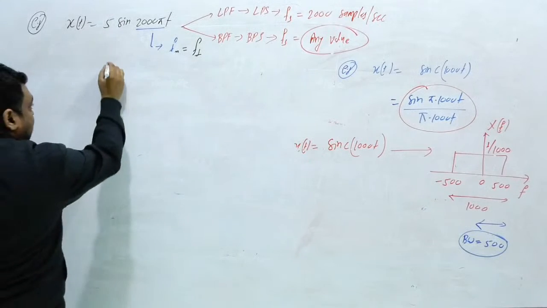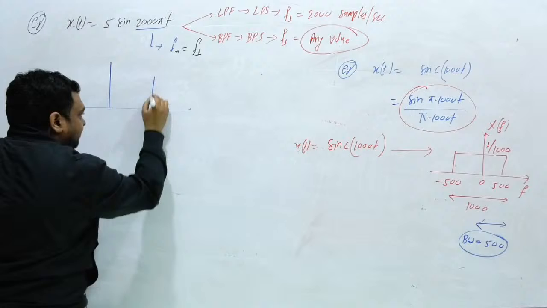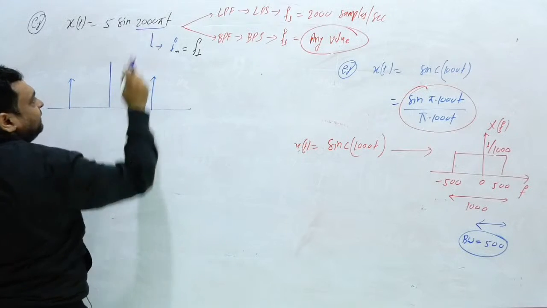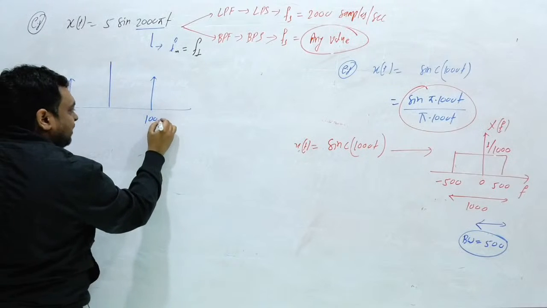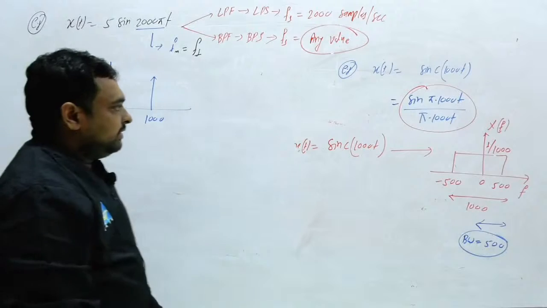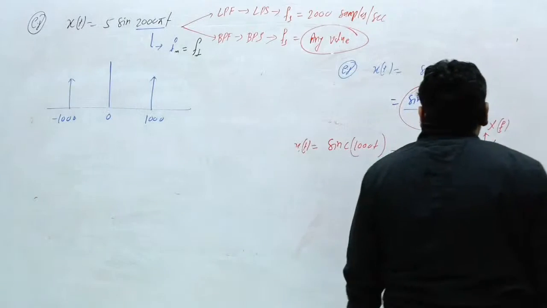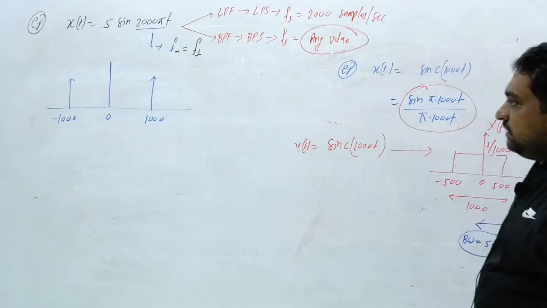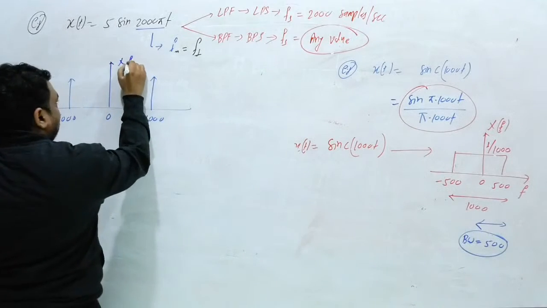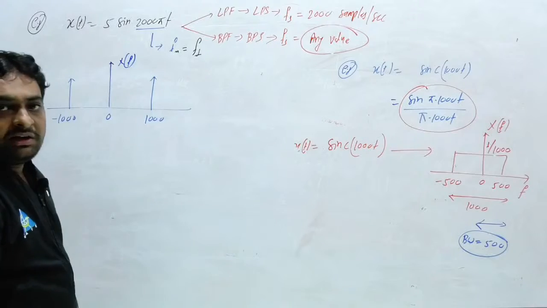Here you get only an impulse, only at 1000, and at minus 1000. This is your X of f, clear?